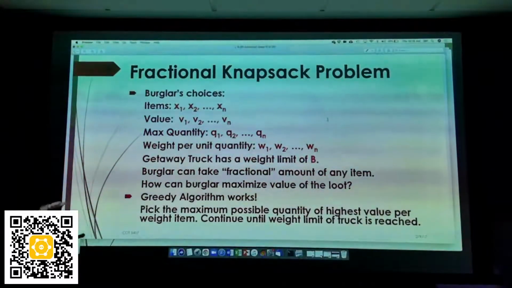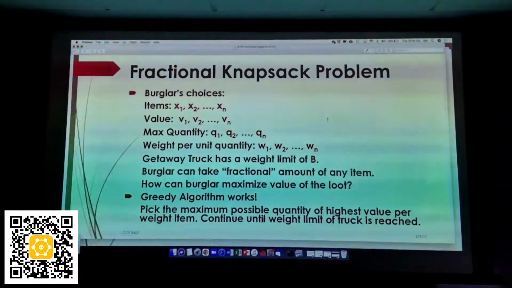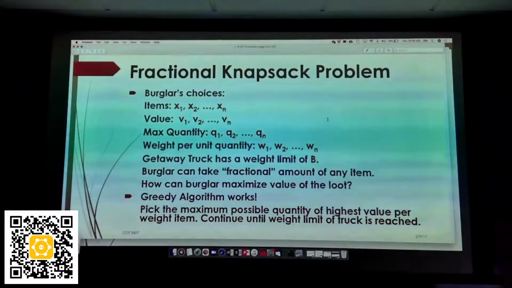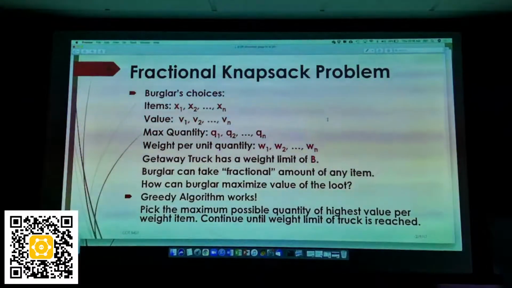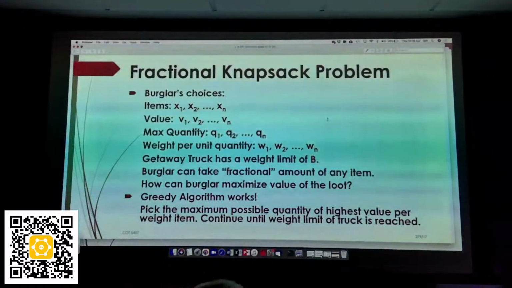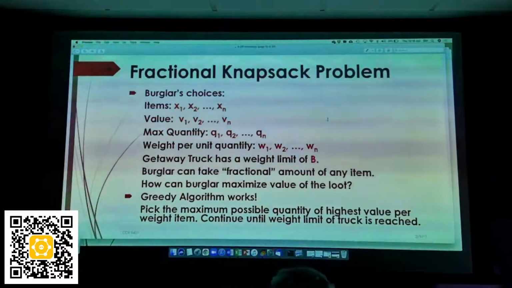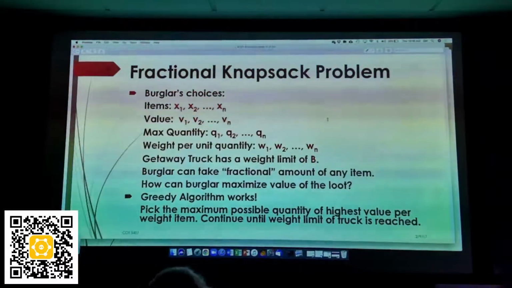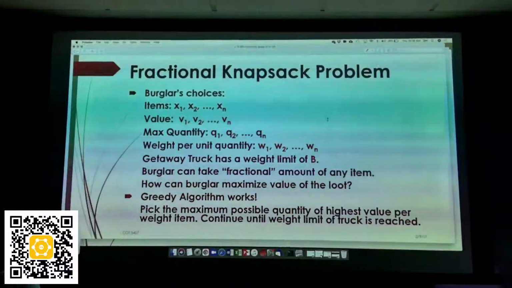So we have n items with n different values, and what we're going to assume here is that these items have a quantity. So your house is not a regular house with a refrigerator and a TV and your laptop and your desktop and your fancy watch and other things in there.